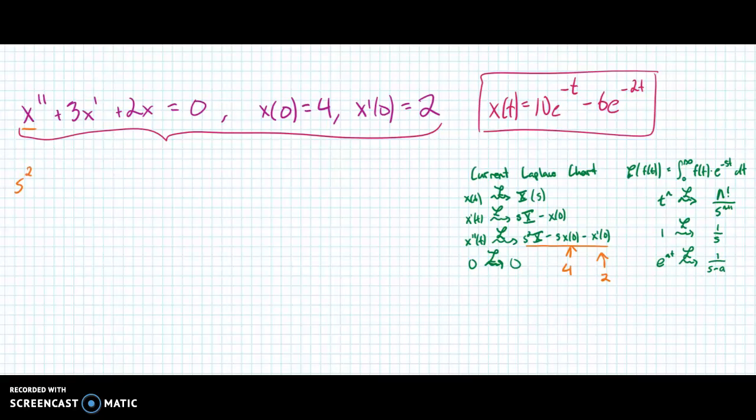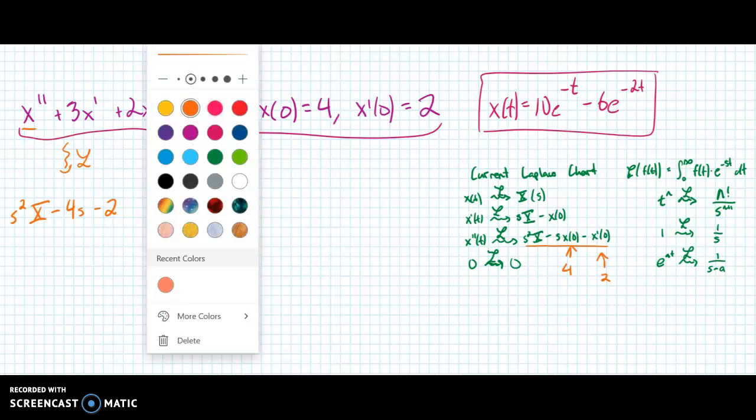I should say we're Laplacing that whole information. All right, so that gives me s squared big X minus 4s, because x of 0 is 4, and then minus 2.